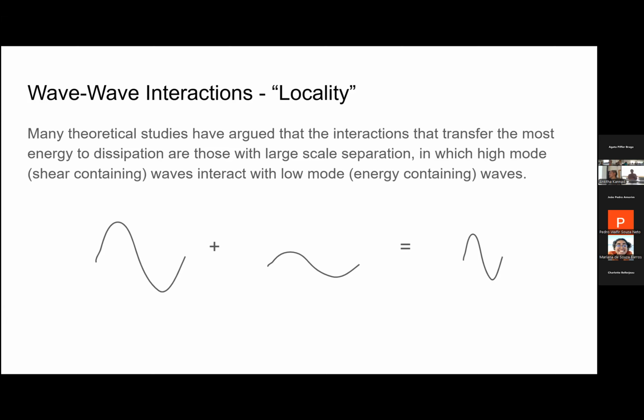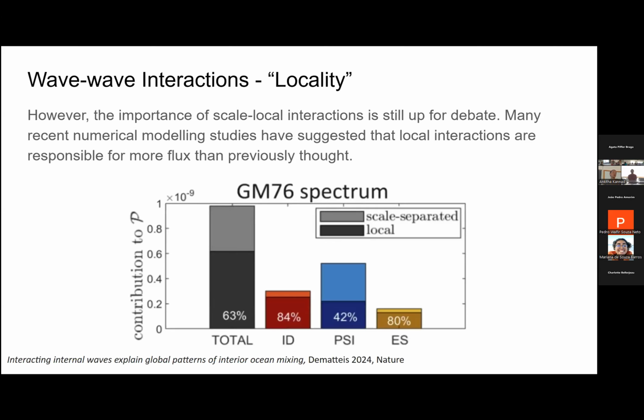So there's this idea of locality: you can describe whether an interaction is local based on how close two waves are in wave number frequency space. A lot of the classical literature has used this paradigm that large scale separated interactions are the most important for transferring energy downscale. But that's still an area of debate.